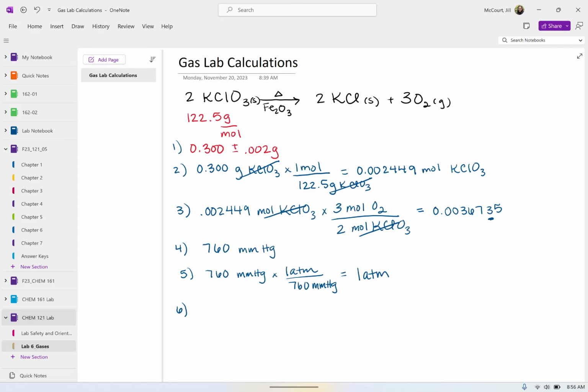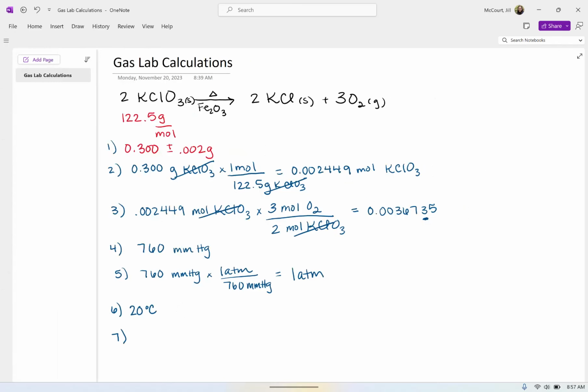Okay, so then the temperature of the oxygen gas in degrees Celsius, I'm just going to use 20 degrees. It should have been anywhere from 20 to 25 likely when you did the experiment. And so you want to just make sure that you are recording it correctly. And then question 7 asks for it in Kelvin.